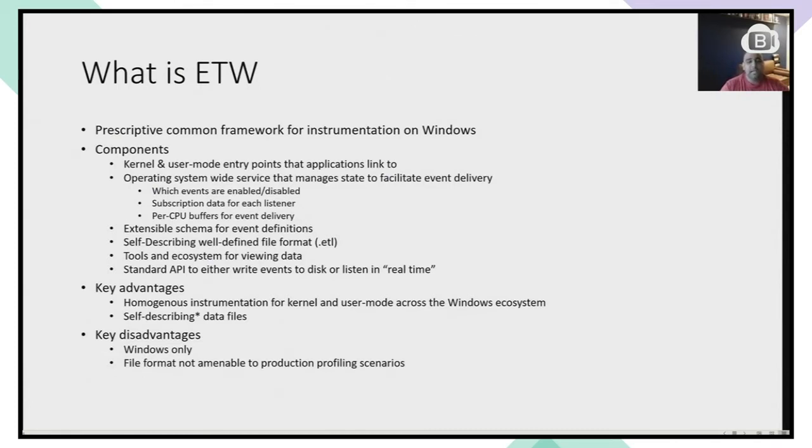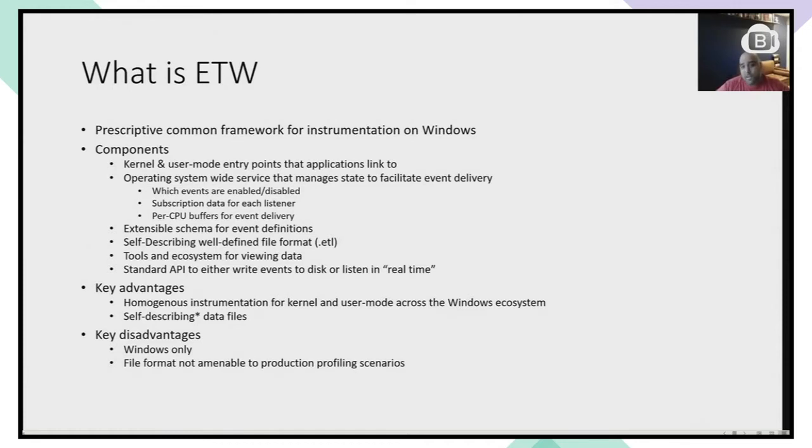Finally, ETW has two distinct ways of delivering data. One, where the operating system can write all these events that you may have enabled onto a disk at a file location specified, or they can be delivered to a real-time application that is listening to these events. The key advantages of ETW are that it's homogeneous instrumentation in the Windows ecosystem, and the fact that it has a self-describing data file.